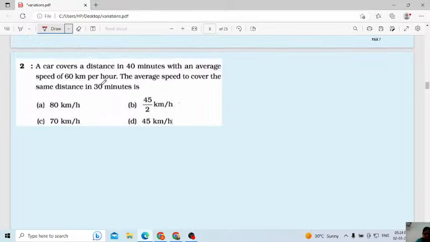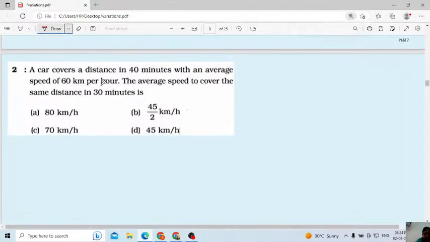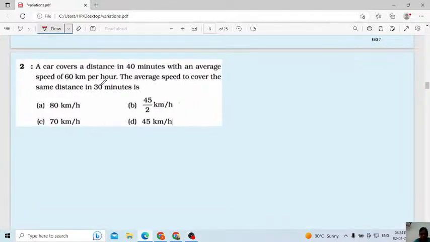This is a little tricky question, like in physics we studied speed, velocity, time. A car moves a distance in 40 minutes with an average speed of 60 km per hour. Find the average speed to cover the same distance in 30 minutes.